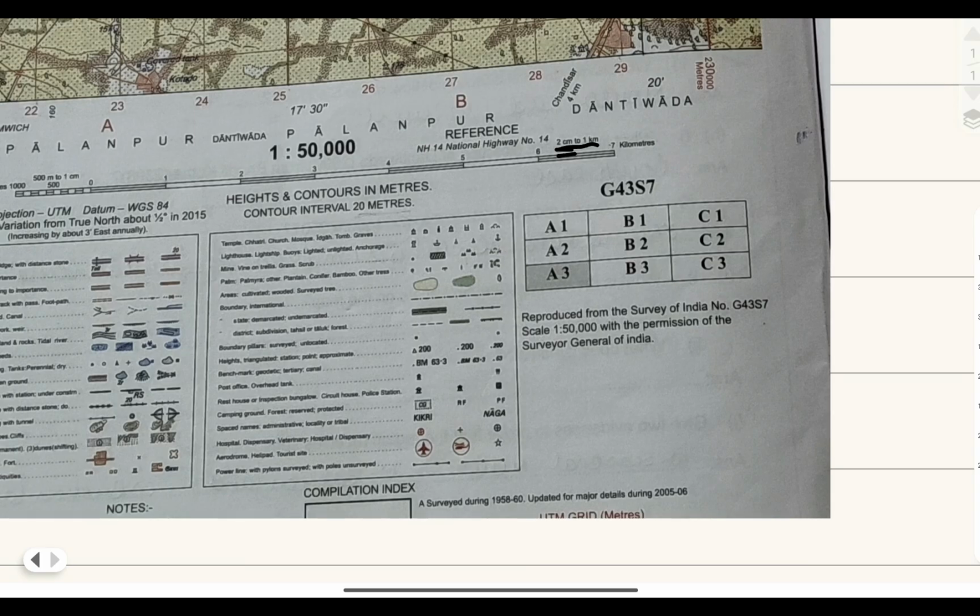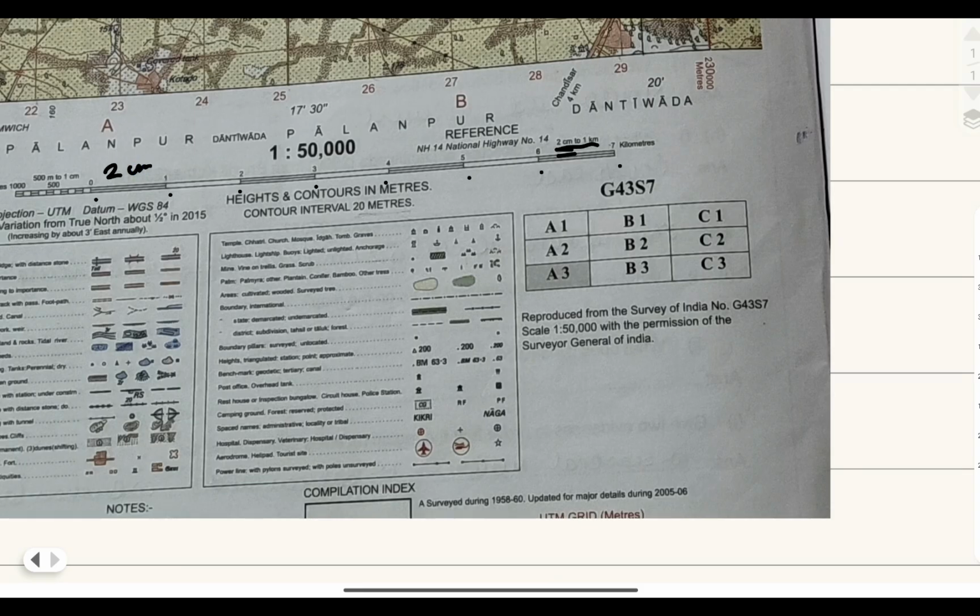The other scale is the linear scale. You can see carefully, children, this first division is 0. Now from 0 to 1 is 1 kilometer, then 2, then 3, then 4, then 5, then 6, then 7 kilometers on the ground, and from 0 to 1, this 1 kilometer is represented by 2 centimeter on the scale.